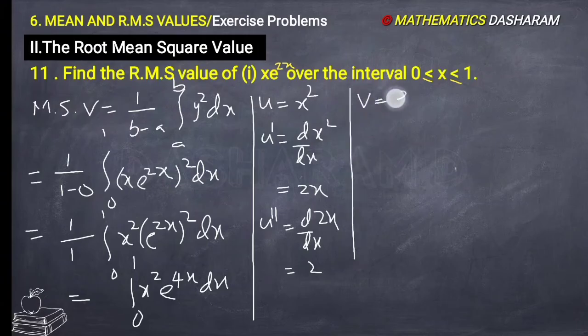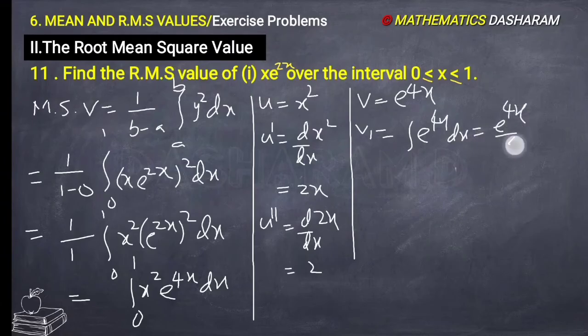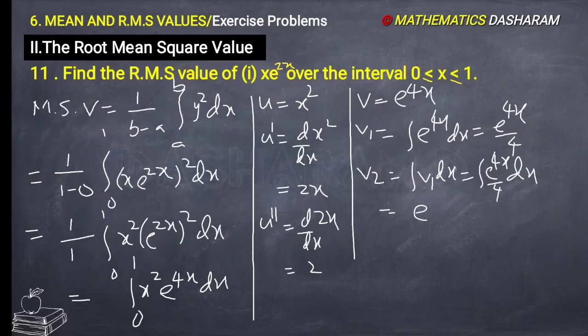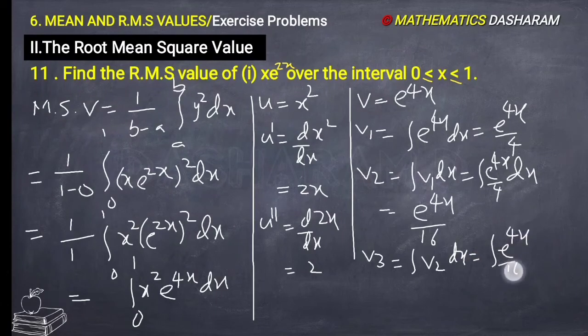Next, v equals e power 4x, v1 equals integration of e power 4x dx, which is e power 4x by 4. v2 equals integration of v1 dx, integration of e power 4x by 4 dx, which is e power 4x divided by 16. v3 is integration of v2 dx, integration of e power 4x by 16 dx, then the answer is e power 4x divided by 64.